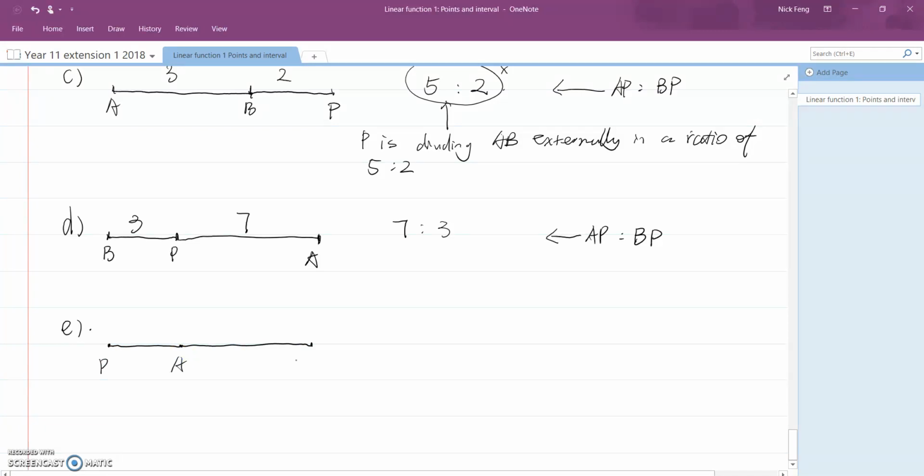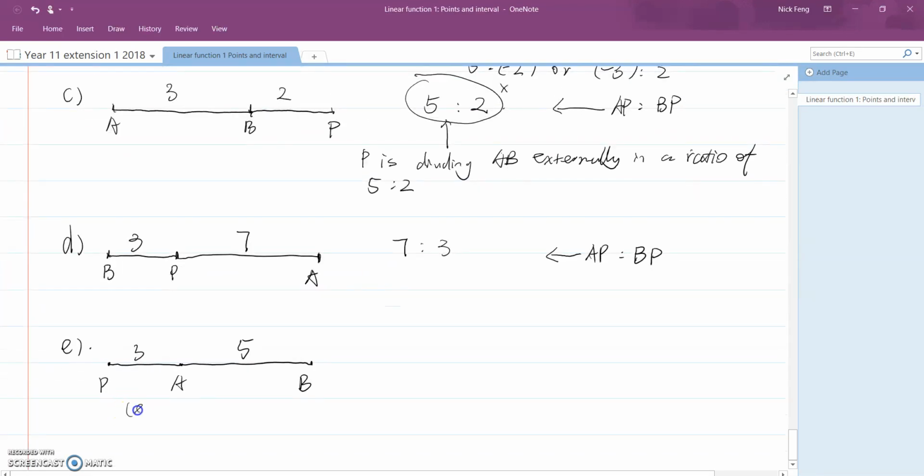What happens if I have something like this? P, A, B, and this time I have 3 and 5. What do we have in this case? Well, again, P is no longer in between A and B anymore. So this is an external division point. Oops, so I just need to write external. Make sure it's external in here as well.